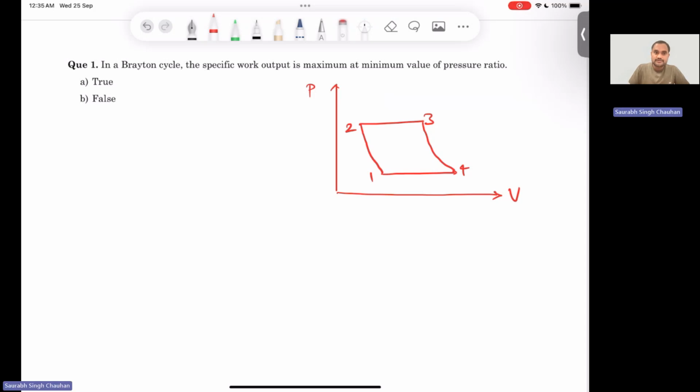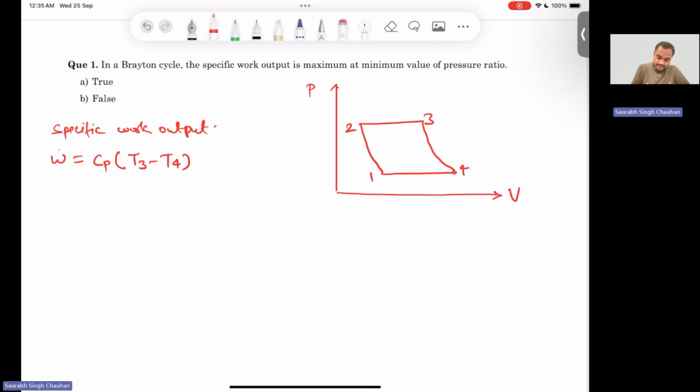So in Brayton cycle, if you try to write the specific work output, you can write it as Cp (T3 minus T4).